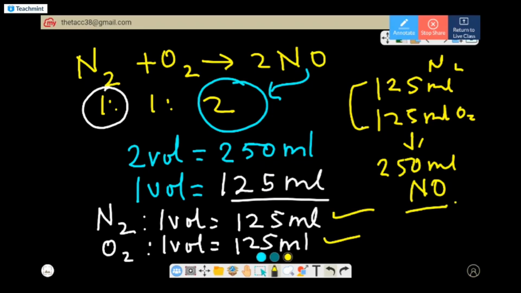This is what it means. Always, as I said, your ending statement should be like this: amount of N2 will be 125 ml and the amount of oxygen also will be 125 ml.